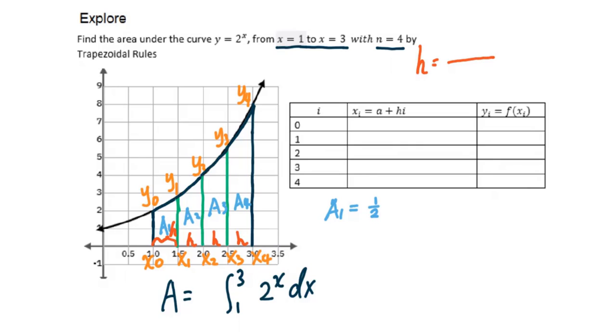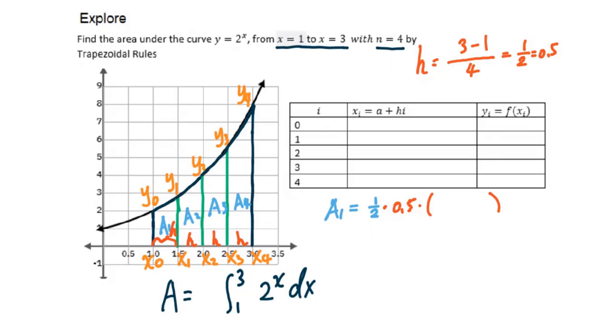You get the distance between 3 and 1, so 3 minus 1 over 4, so that you will get 1 over 2. 0.5 will be the h. So you multiply by 0.5, and then times your top base and bottom base.